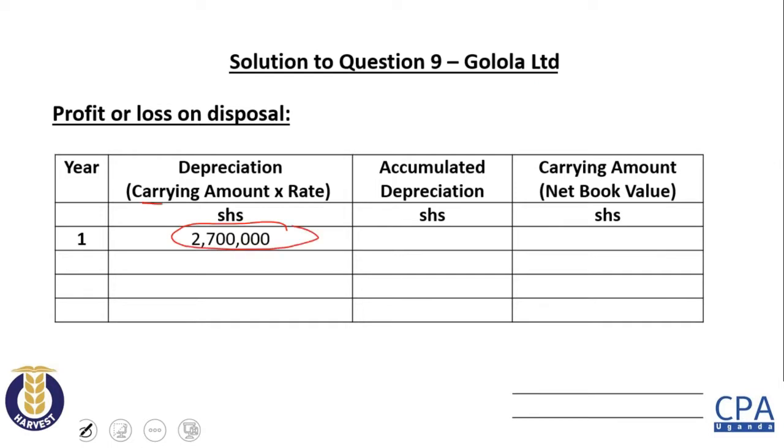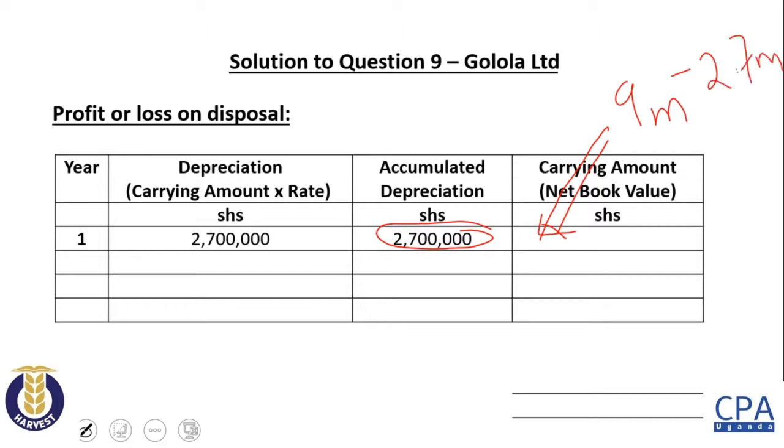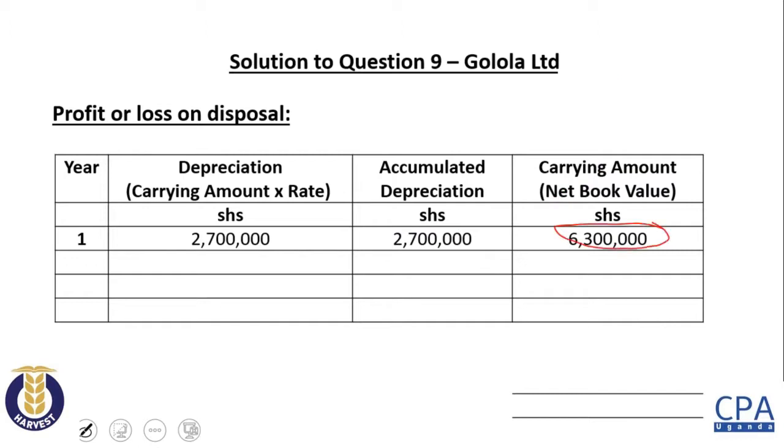I've multiplied the carrying amount of 9 million in year 1 times the rate of 30%, and that gives us 2.7 million. Since it is the first depreciation we are making, it is the same as the accumulated depreciation, and therefore the carrying amount is 9 million minus 2.7 million, which gives 6.3 million.